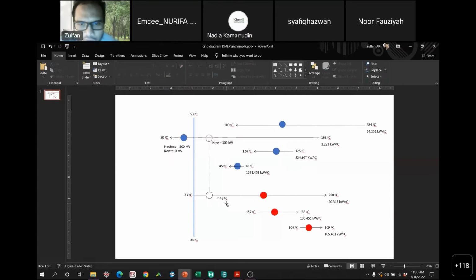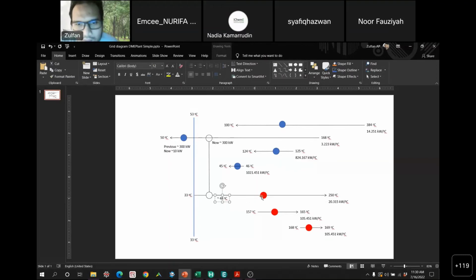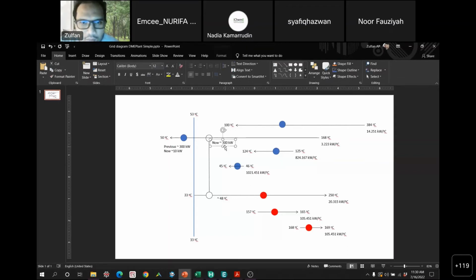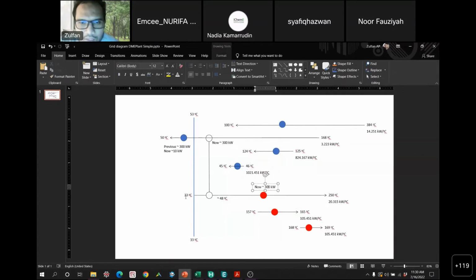So 48 degrees C. And by now, you know that you have a 15 degrees C, 300 kilowatts over here. So that will reduce this duty by 300 kilowatts. So now let's see how much this is. If it was from 33 to 250, about 7 megawatts or something. Sorry, 33 to 250, how much is this?